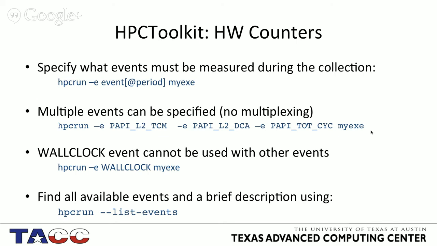No multiplexing. So somebody might be wondering, what is this multiplexing business? Most processors allow you to collect a certain number of hardware counters simultaneously without multiplexing, which means without having to serialize the access to the hardware counters. In the case of Sandy Bridge, it's a fairly large number. It's probably 7 or 8.